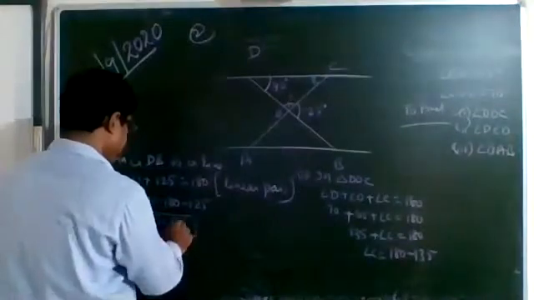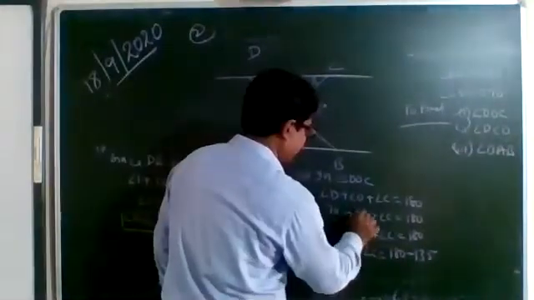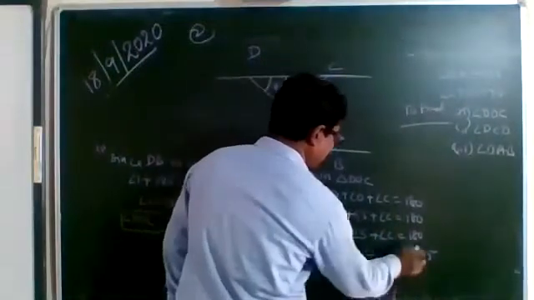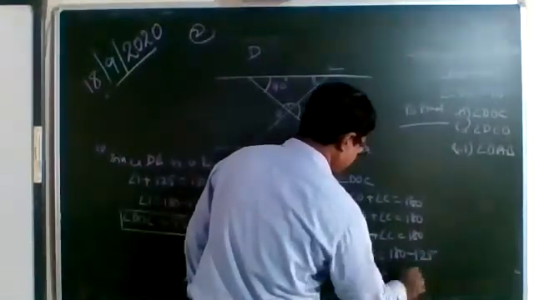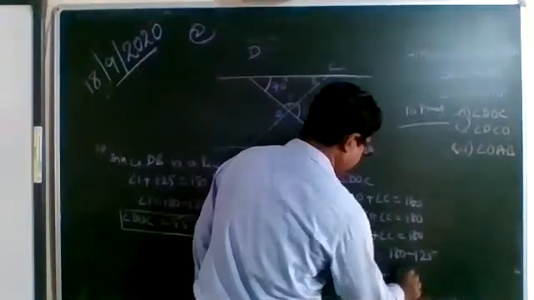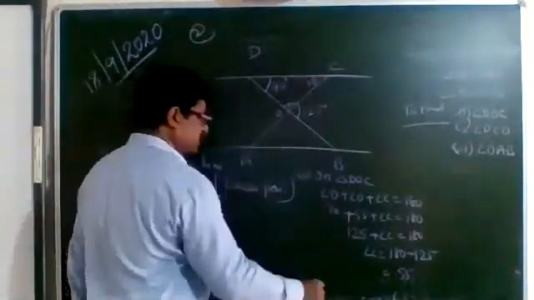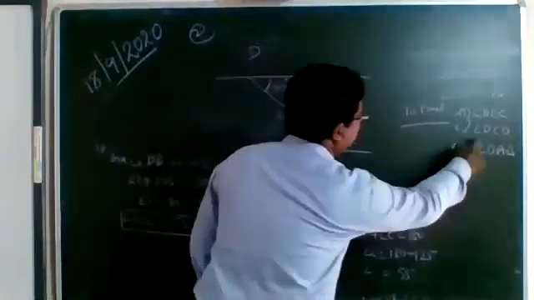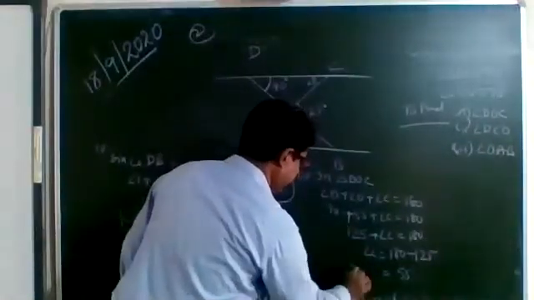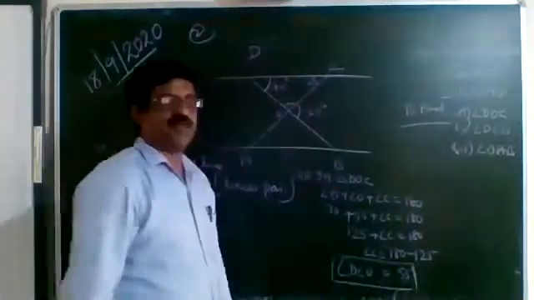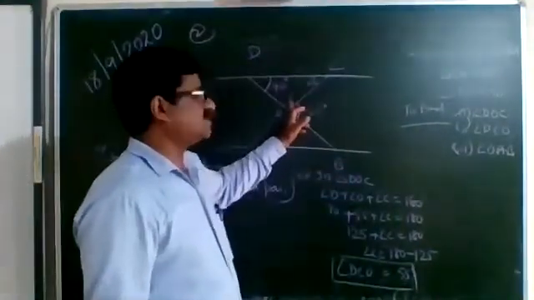This is 55. 55 plus 70 is 125, and 180 minus 125 is 55. So angle 2, angle C, equals 55 degrees. Two of the angles we got: 55 as well as 55.